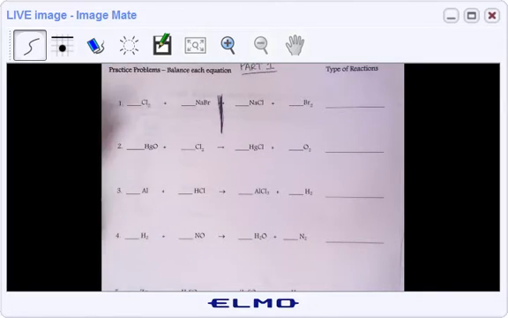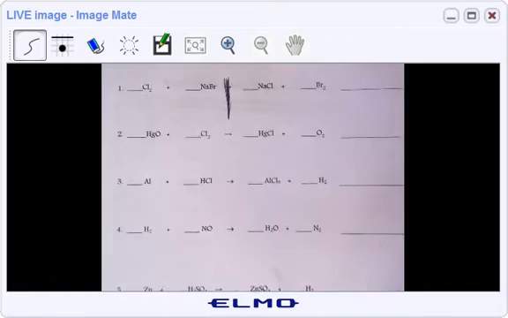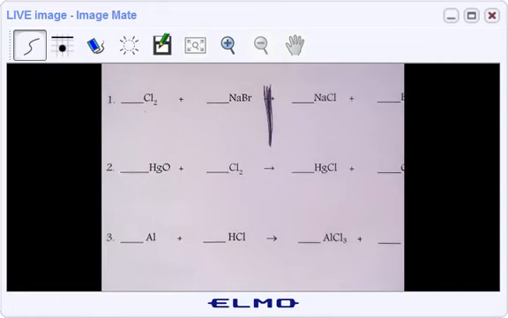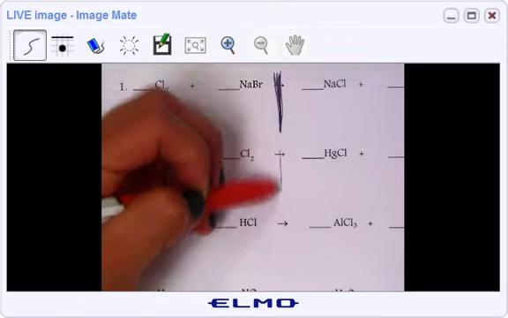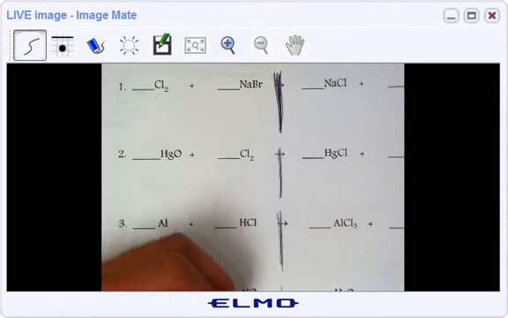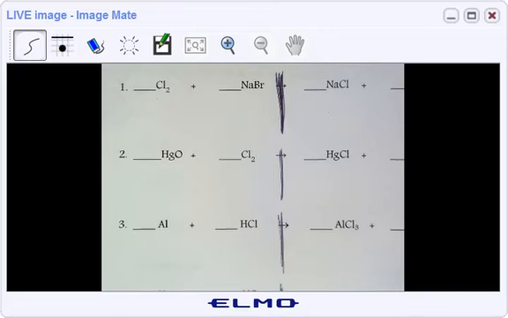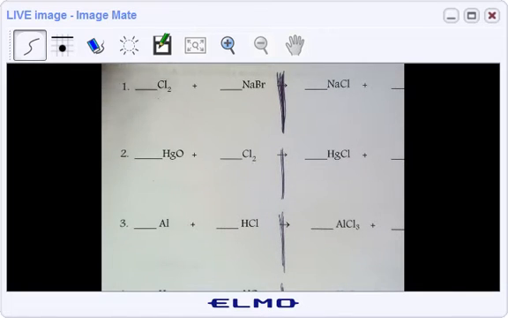To begin, I always draw an arrow. I'm going to zoom in a little bit. I always draw a line where the arrow is, all the way down. And that just helps me organize my work on what side is the reactants and what side is the products.